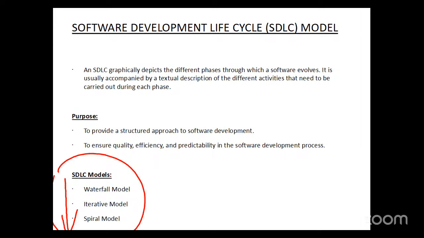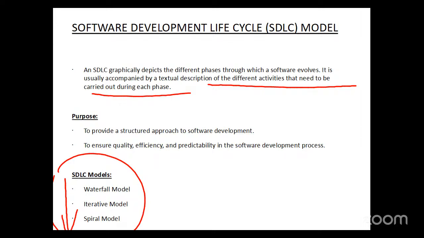SDLC graphically depicts the different phases through which software evolves. It is usually accompanied by a textual description of the activities that need to be carried out during each phase, indicated in the SDLC phases.